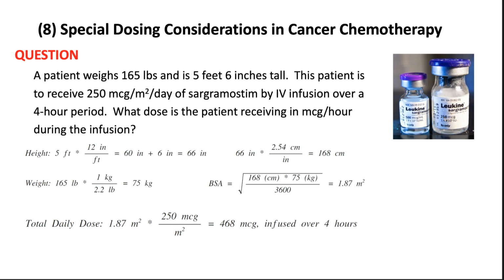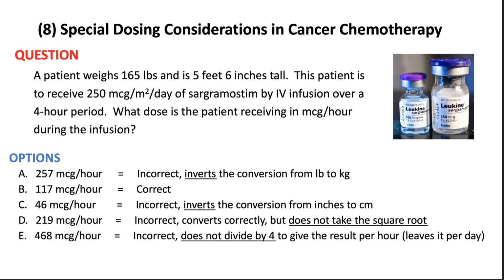We want to administer that daily dose over what amount of time? We said to infuse that daily dose in 4 hours. Okay, so it's pretty straightforward. Essentially, you're going to take the 468 micrograms divided by 4 hours, and you get the total value of 117 micrograms per hour. And that would be the final answer to this question.